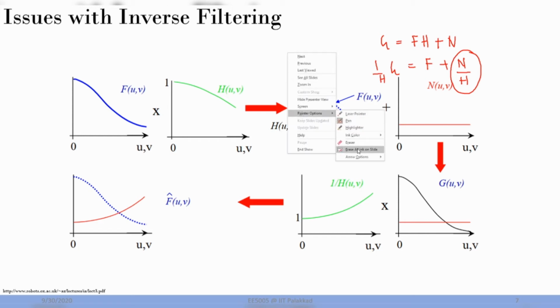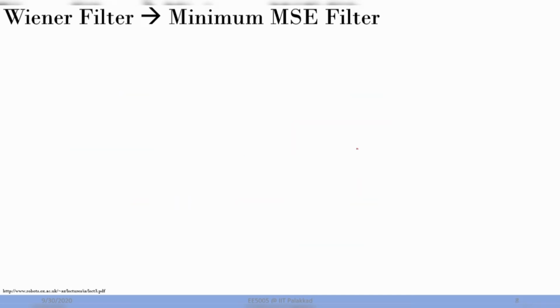So let's see what other options are available now, and that's where one of the most common filters, commonly known as the Wiener filter, is heavily used in signal as well as image processing, okay. This is heavily used even now in the era of neural networks. Wiener filters are still used, and this is a filter which is optimum in the mean square error sense, okay. What I'm talking about is as simple as this. Let's say your recovered or restored image is f hat of x,y.